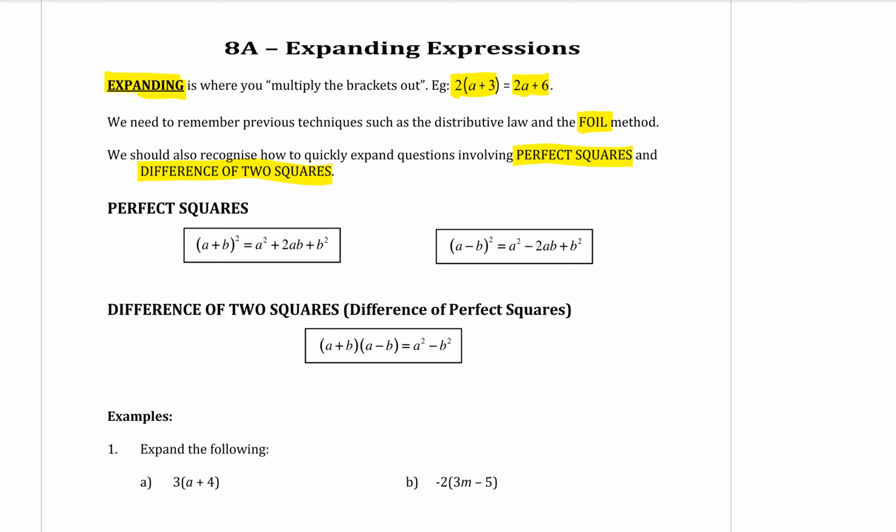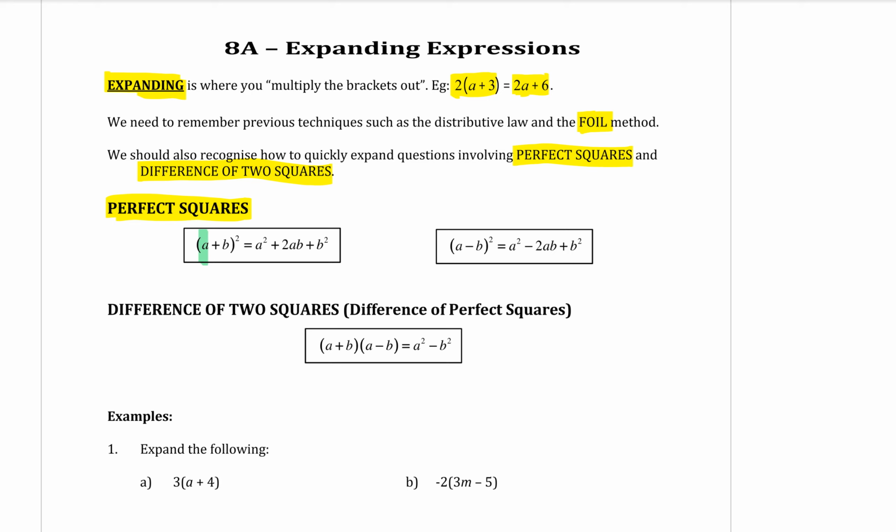So here, in these first two boxes, are the short methods for expanding perfect squares. If I want to expand something like (a + b) all squared, the short method tells us to multiply the first thing in the bracket, the a, by itself.